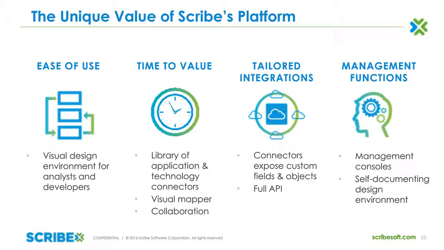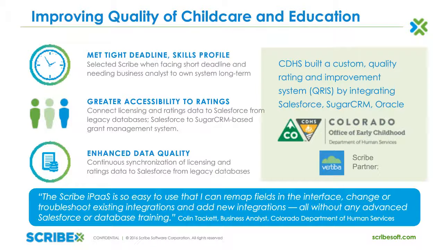So just a couple of examples of some of the value that we have seen recently turned in by the Scribe Online platform with some of our customers. The first example here is a group within the Colorado Department of Human Services, and it's actually the Office of Early Childhood.